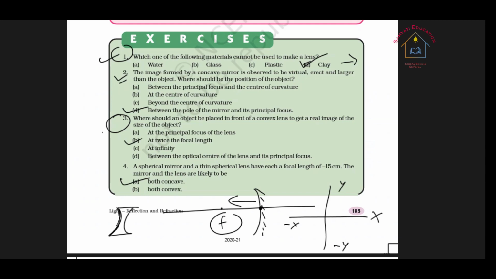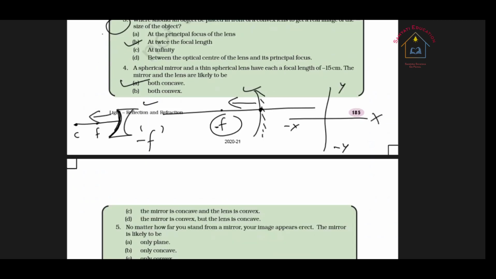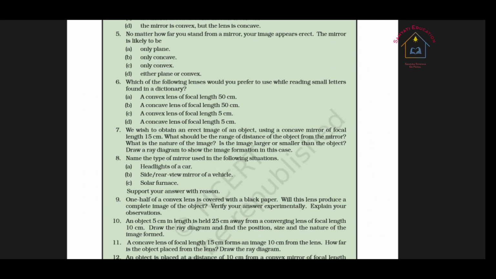If the image is erect, then it will be virtual. Yes, it can be convex, either plane or convex. This option will be correct. The mirror can be a plane mirror or a convex mirror. In both mirrors, we must find a virtual image. Then option D will be correct.